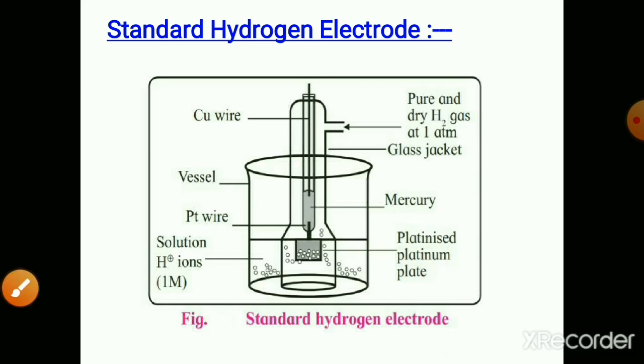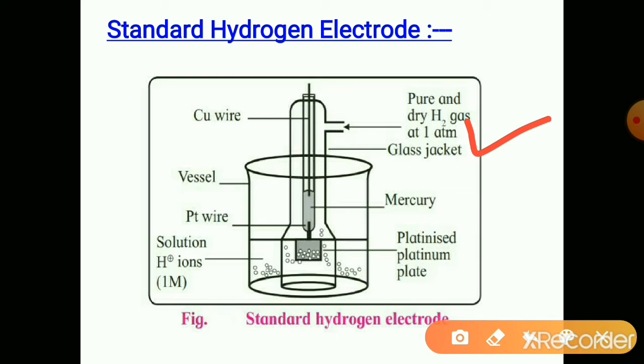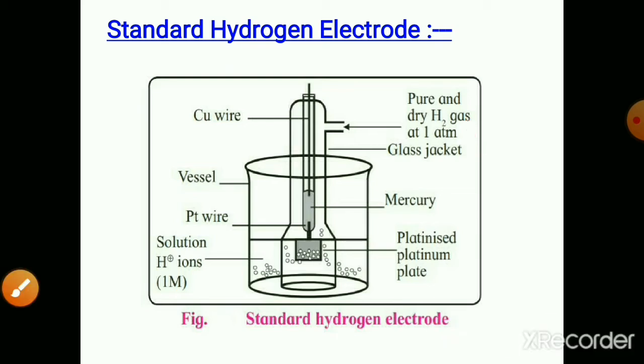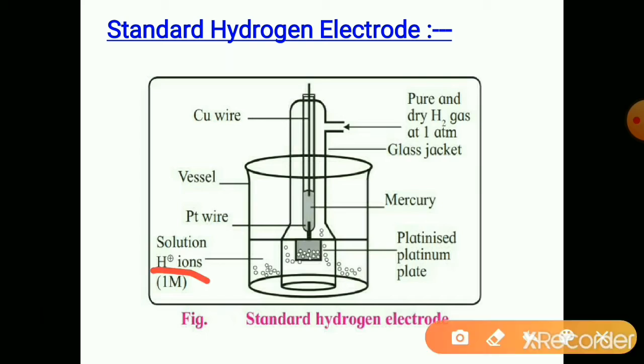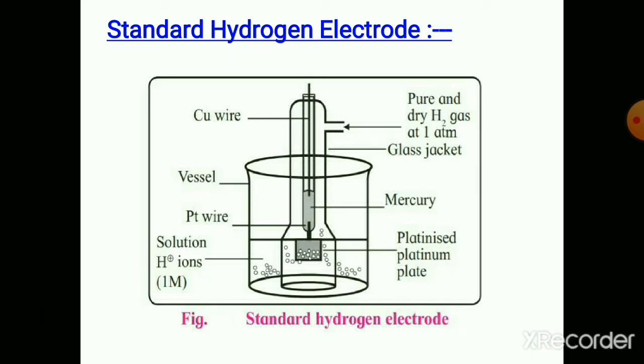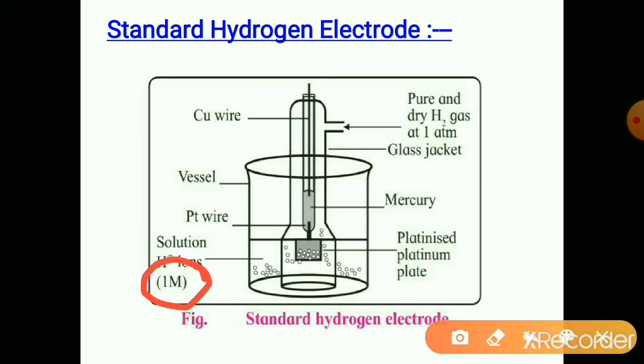The second difficulty is that we need to maintain the pressure at 1 atmosphere. That is a little difficult. As well, we need to maintain the concentration at 1 molar, which is highly difficult, because when we bubble this hydrogen gas, water molecules may evaporate from the solution, and due to this its concentration may increase.